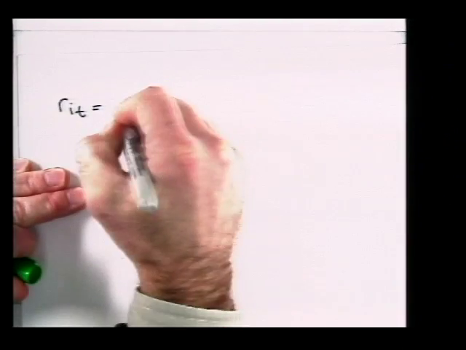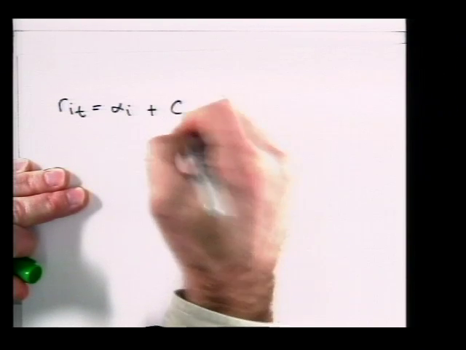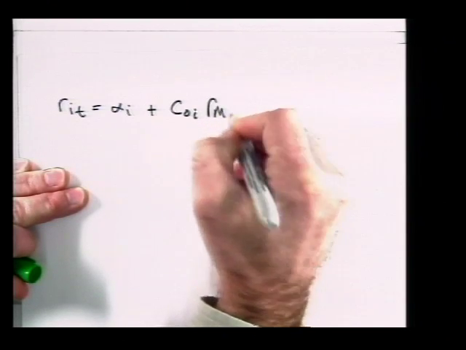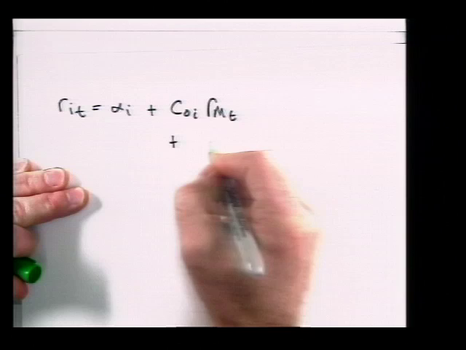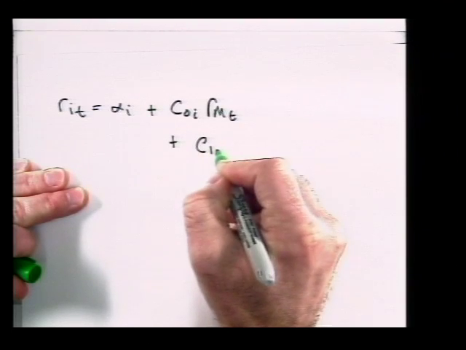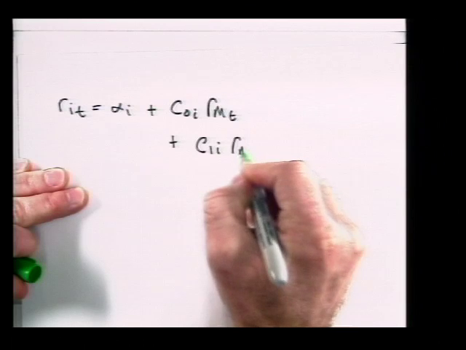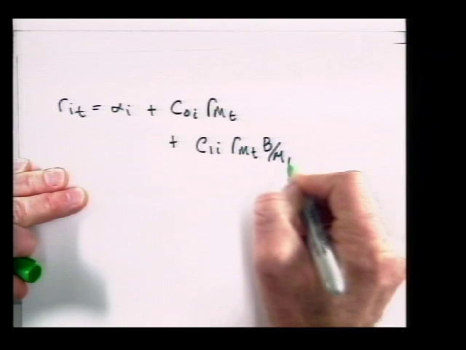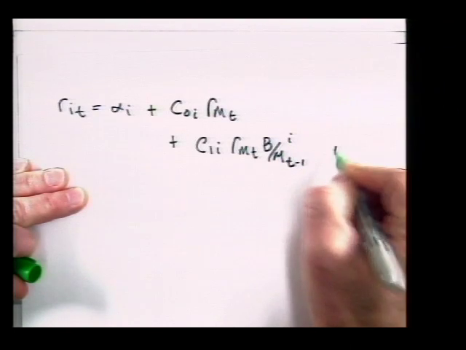R_it for individual asset i equals alpha_i plus, let's say we're using the market now again, C0_i R_mt plus C1_i R_mt times book to market at t minus 1, i, plus my error.